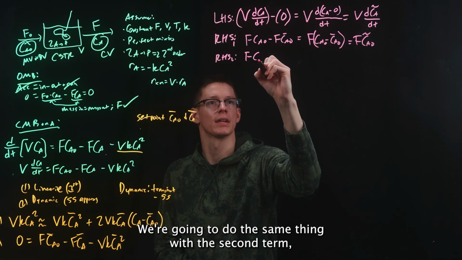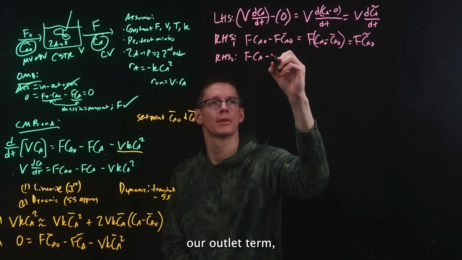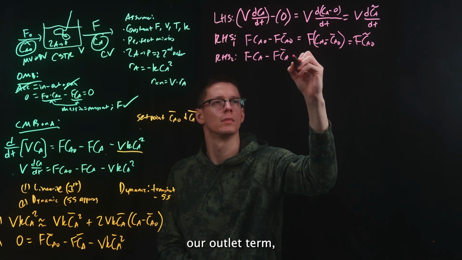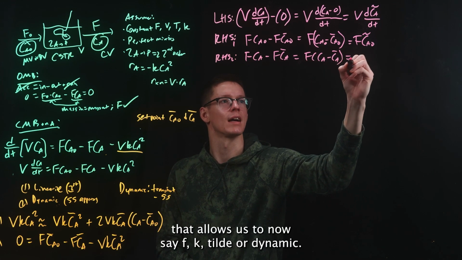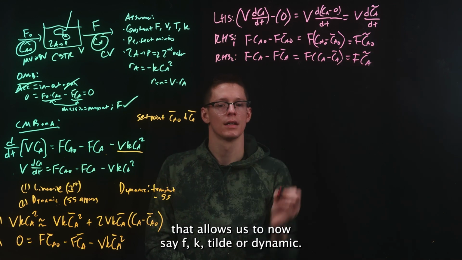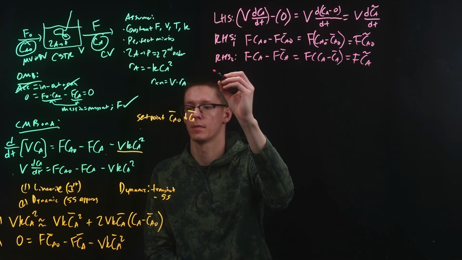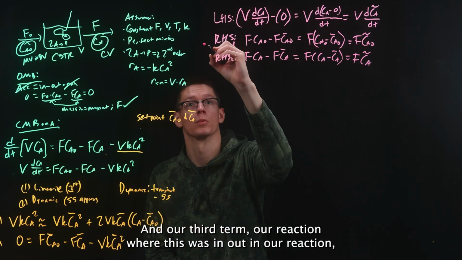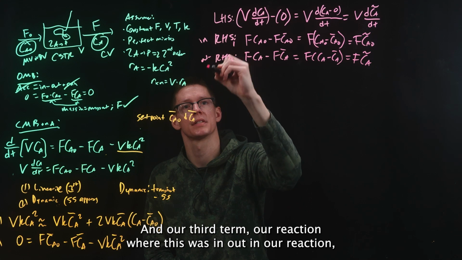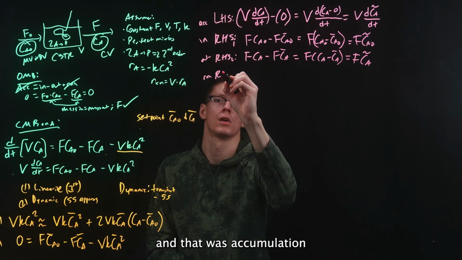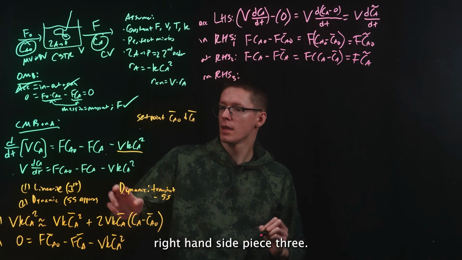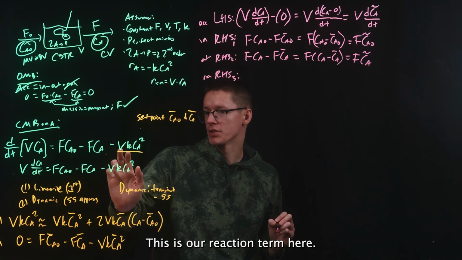We're going to do the same thing with this second term, our outlet term. And we have the standard piece that allows us to now say FCA tilde, or dynamic. And our third term, our reaction, where this was in, out, and now reaction, and that was accumulation. Right-hand side, piece 3. This is our reaction term here.